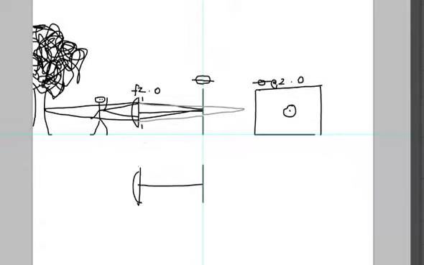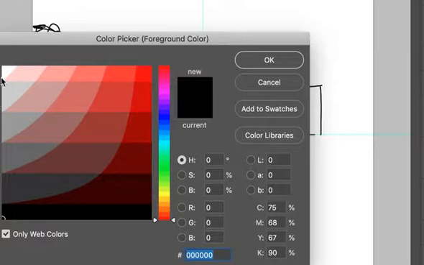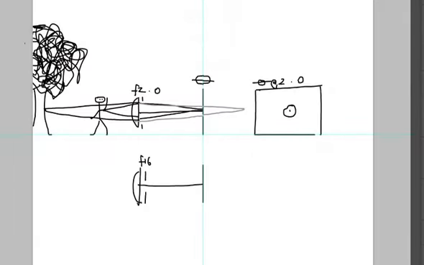But this time, we're going to imagine that we're at f16. And so we've stopped down our aperture to this point through here. I'm going to take out the axis of the lens because I think it's going to be easier to see the impact of what we're talking about if I take that out.